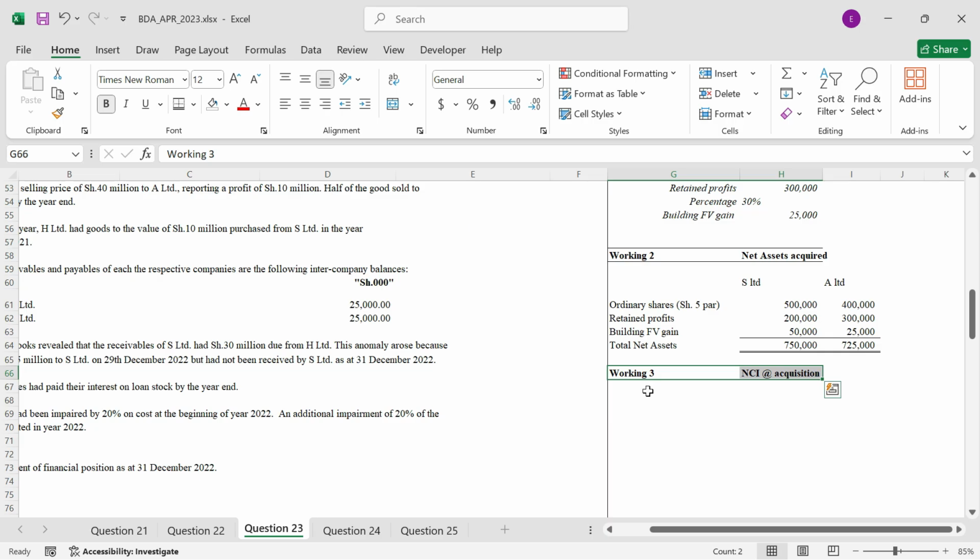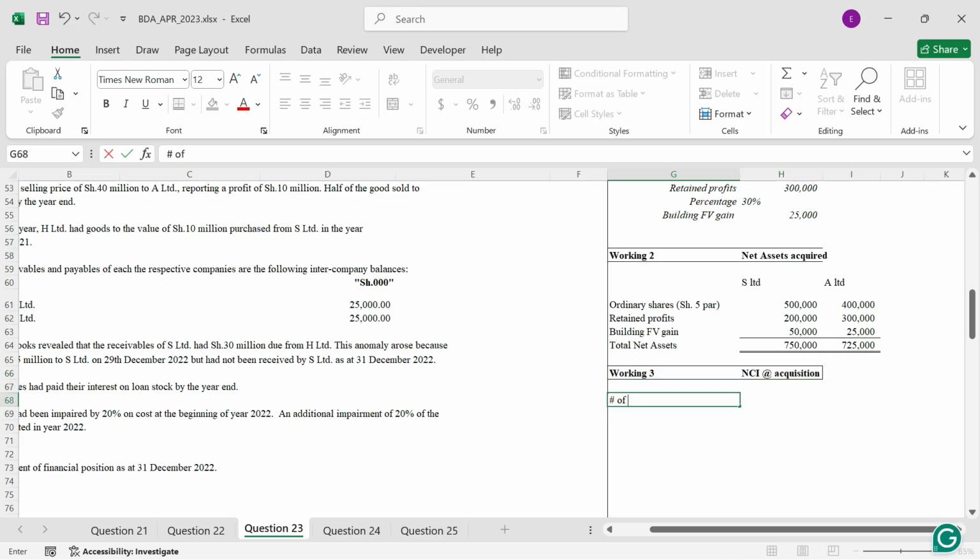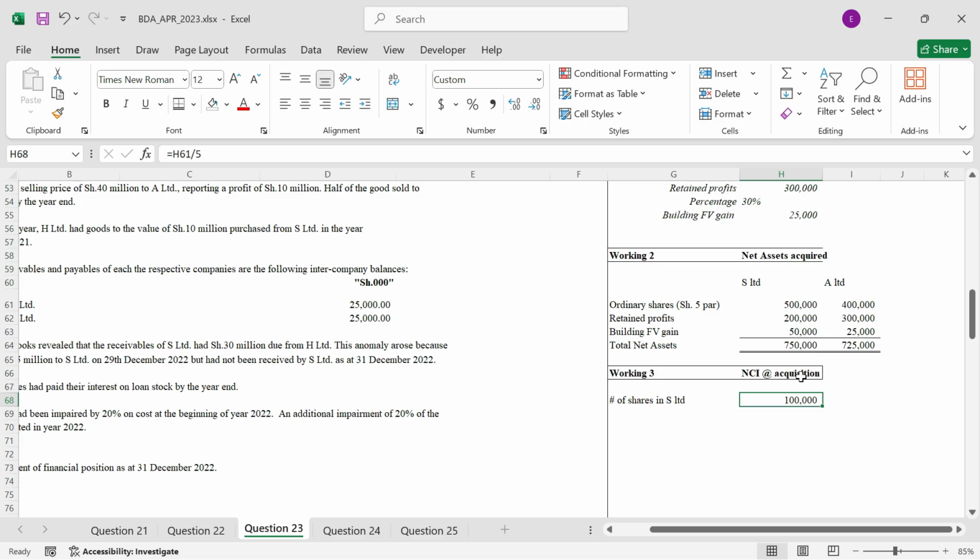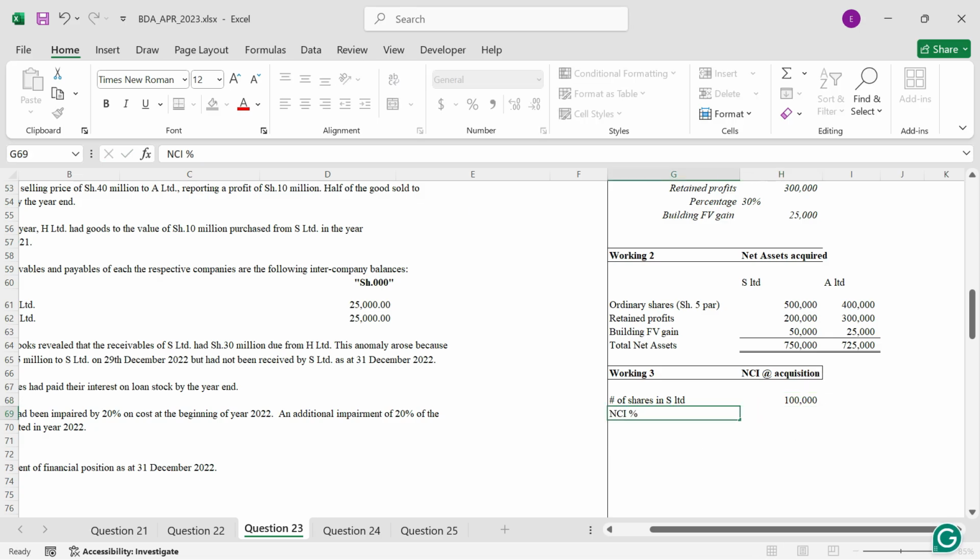To find my NCI at acquisition, I will first find the number of shares in S, of which I had 500,000 as my share capital, and each share had a value of 5, so I have 100,000 shares. Then what is my NCI percentage?